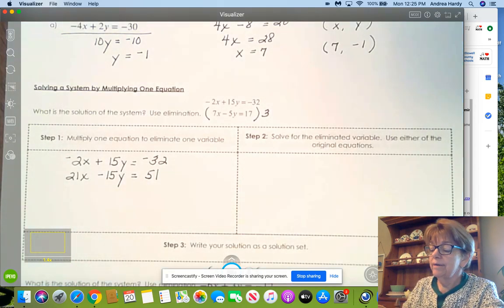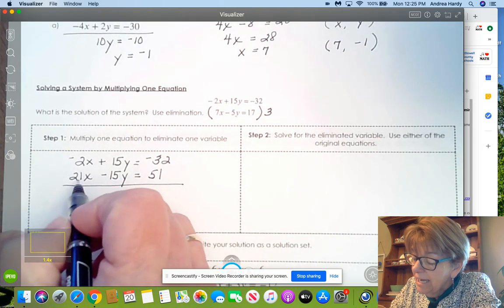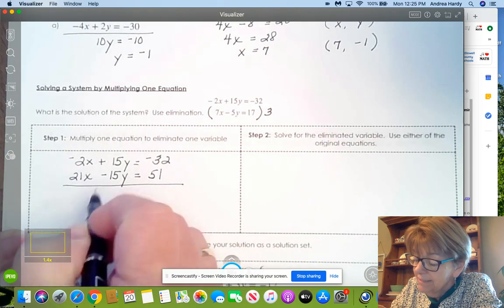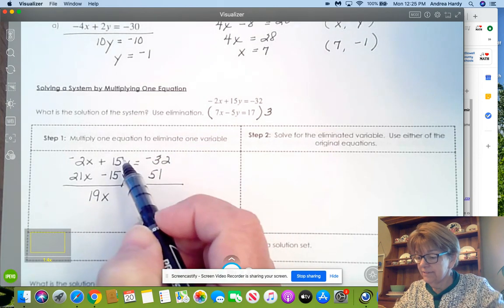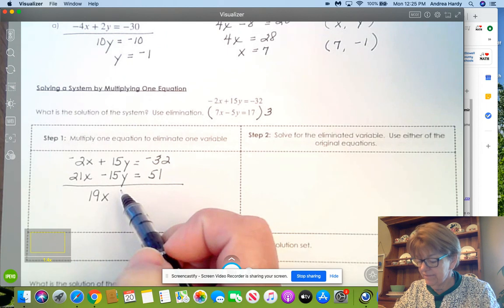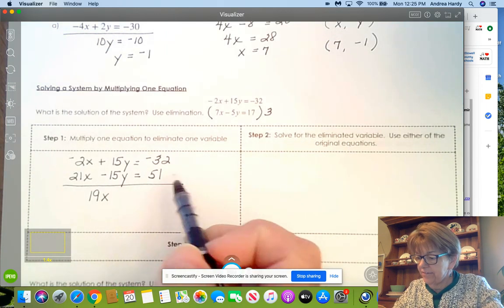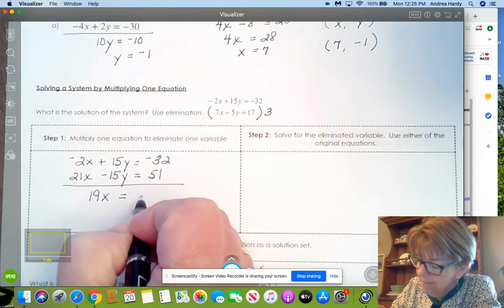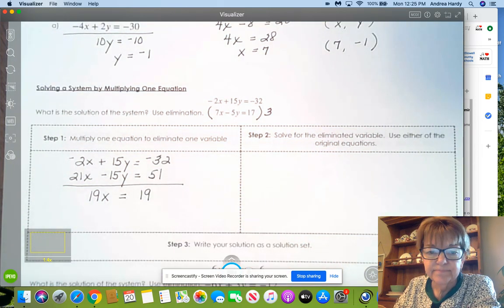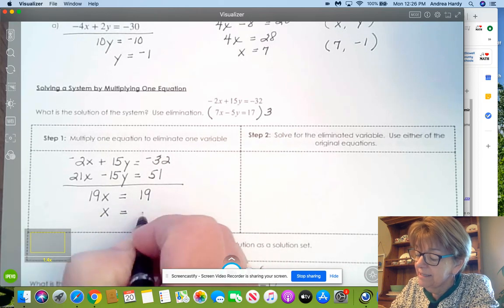So now what I'm going to do, I can add these together. I have 21x minus 2x is 19x. The positive 15y and negative 15y are going to cancel, and 51 and -32 is a positive 19. Divide both sides by 19, x is 1.